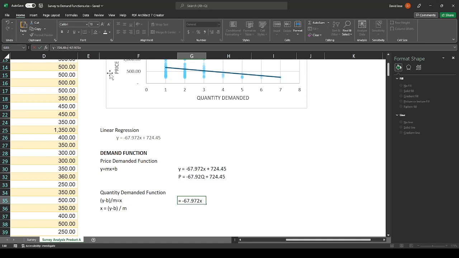To isolate x, we're going to divide both sides by negative 67. There we are able to isolate x. We're going to make the x much more appealing to the eyes by placing the x on the left side.